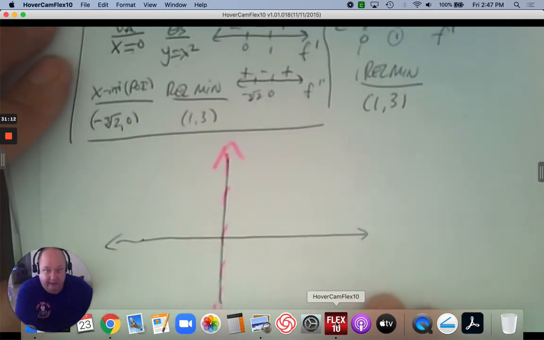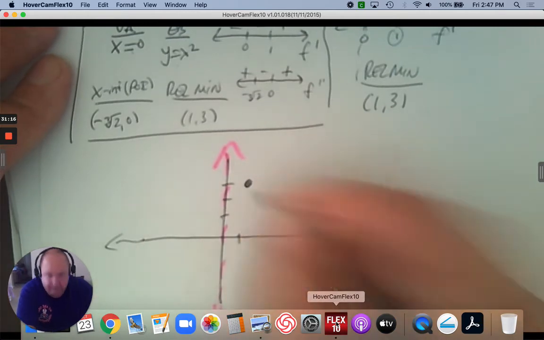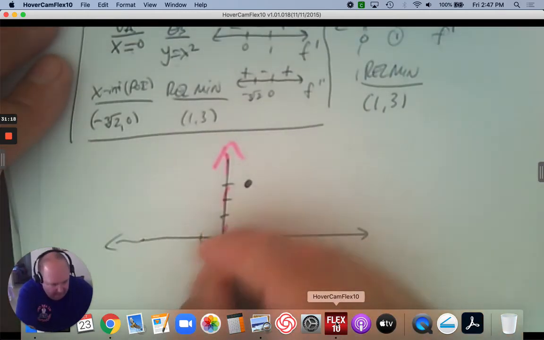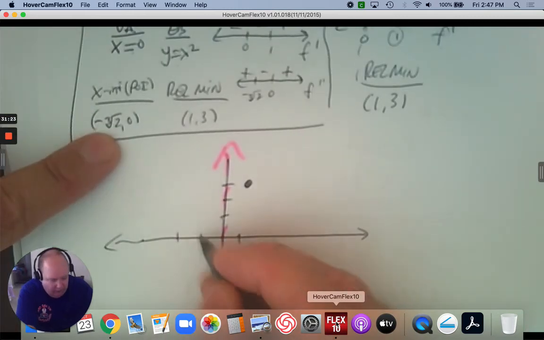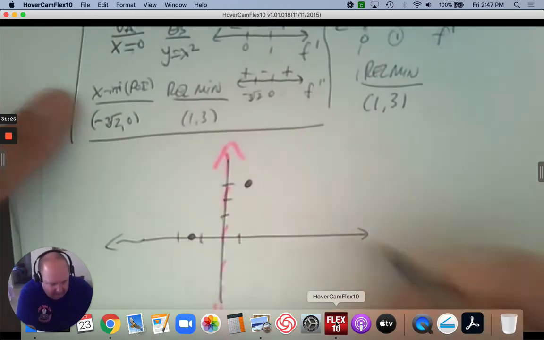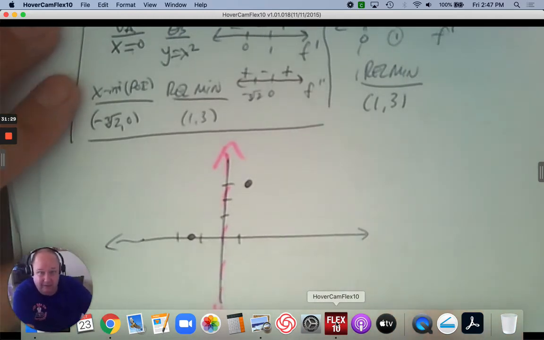We have a relative minimum at 1 and 3. Negative, the cube root of 2 is somewhere to the left of -1. And that's it. That's all I need.